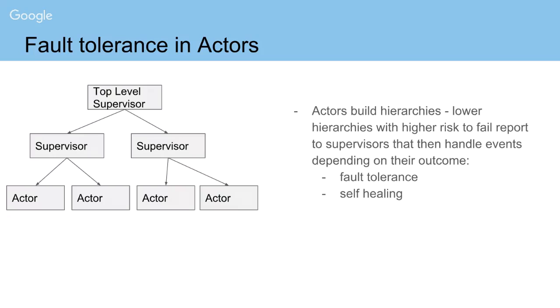Instead of crashing the entire thread or the entire process, we just let this one actor fail. Then it goes back up, and it gets handled from the top down. And well, you have to implement what you want to do with it.